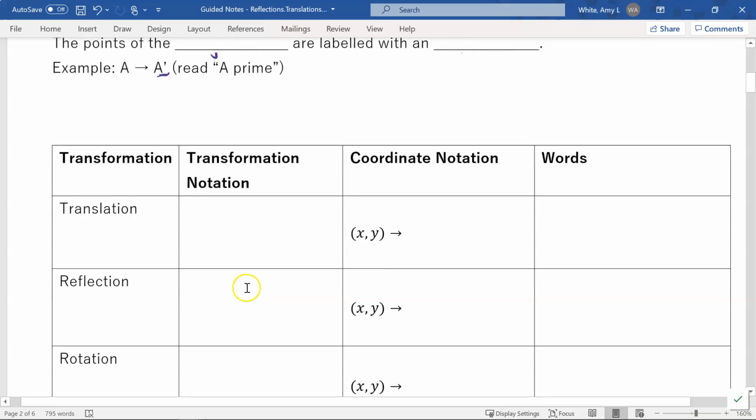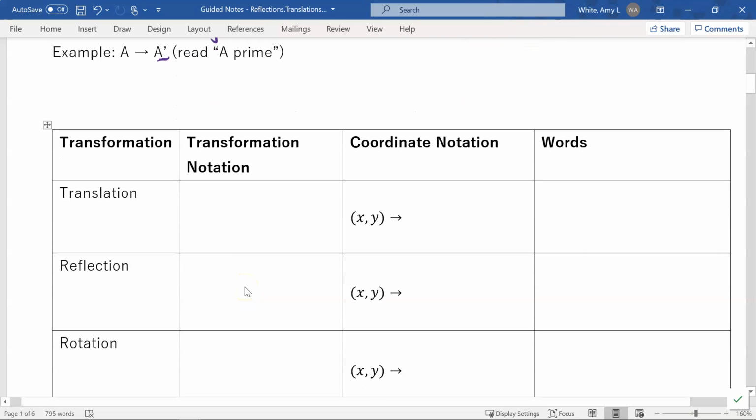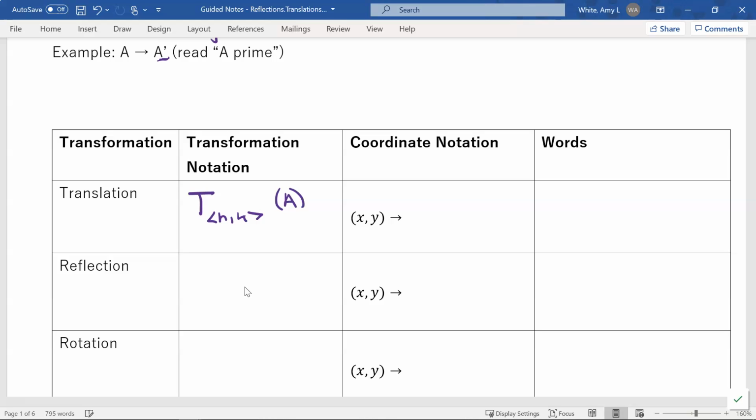So we can record this information on our table. So for transformation notation, we put a capital T, and then in our subscript, we use our pointy brackets, ⟨h, k⟩, and then the parentheses, this is the point that we're changing. In this example, it is going to be point A. If we were writing that as a coordinate, it would be x plus h and y plus k.